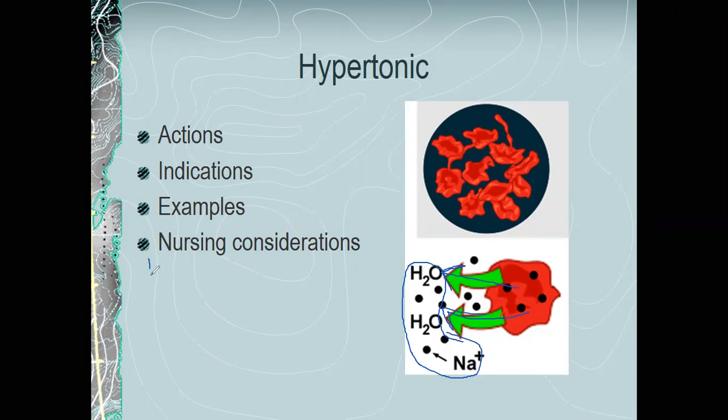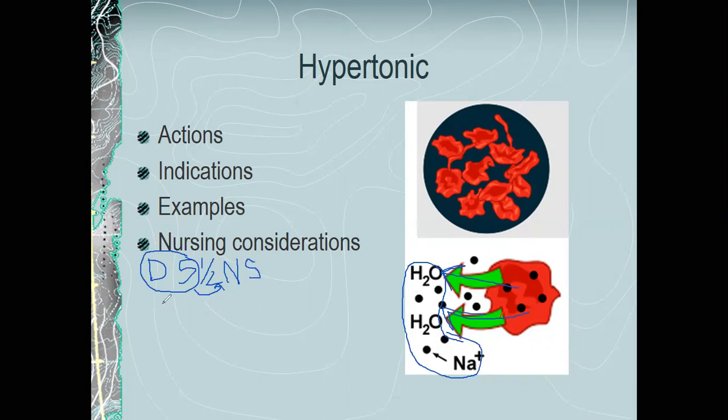So D5 half normal saline. If dextrose 5% is isotonic, adding anything to that is going to make it hypertonic. So that half normal saline added to it is going to shift it to hypertonic.